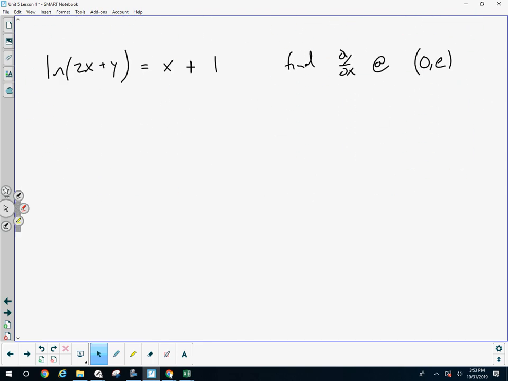Let's try this one out. Find the derivative of log of 2x plus y equals x plus 1 at 0, e. So let's do the first step, because I'll show you what we can do.